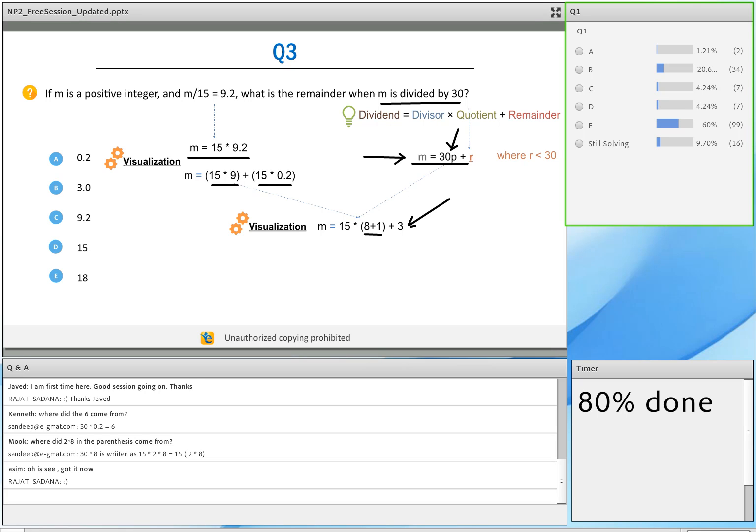We already know that from the prior question. So m is equal to 15 times 8 plus 15 times 1 plus 3. We know 15 times 8 does not leave a remainder. Why? Because that's what we did in the last question. So the remainder is 15 times 1 plus 3, which is 18.